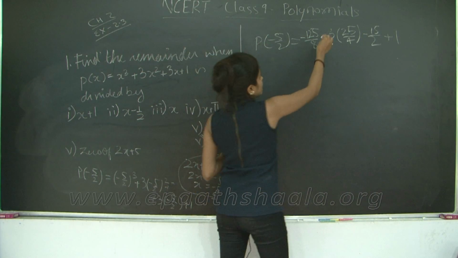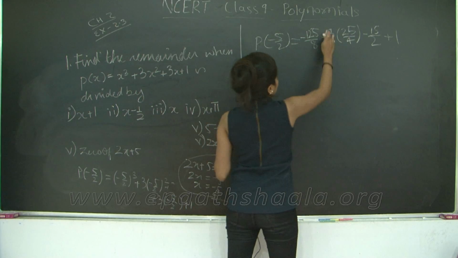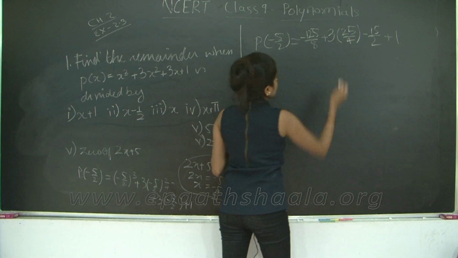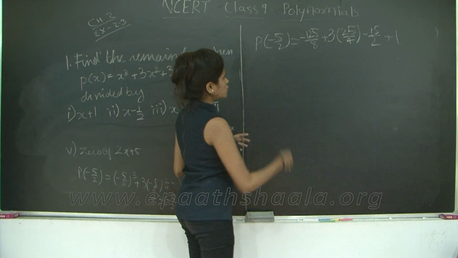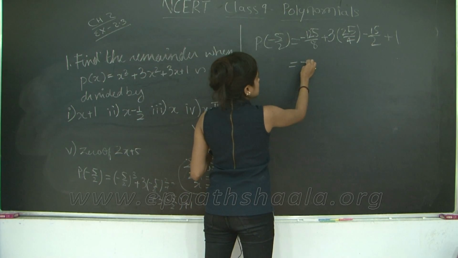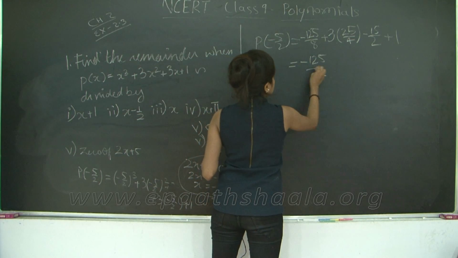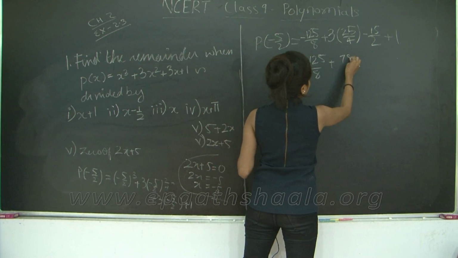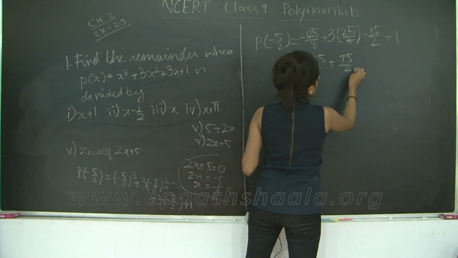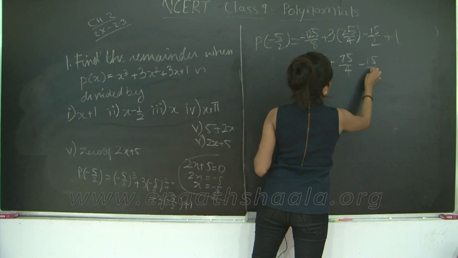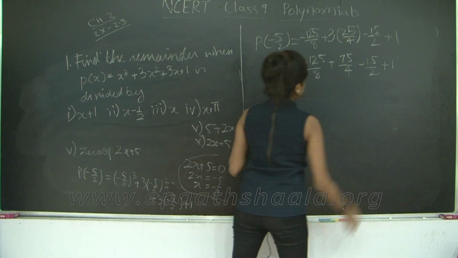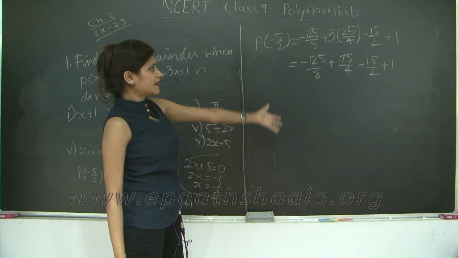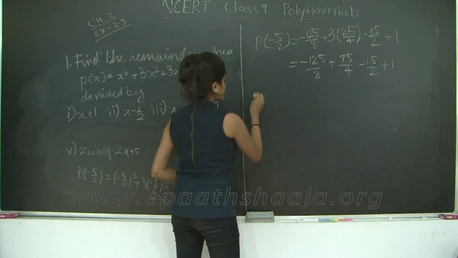Let's just solve the brackets first following the rules of BODMAS, and then find the denominator solving the fraction. So minus 125 upon 8 plus 25 into 3 is 75 upon 4 minus 15 upon 2 plus 1. We need to find the LCM of 8, 4, 2 and 1.